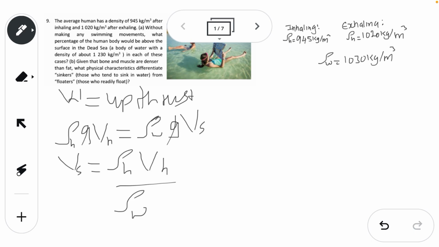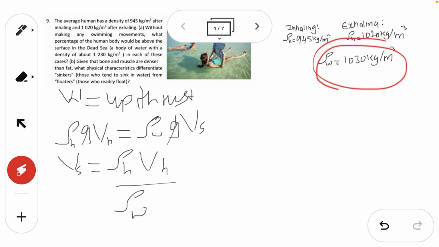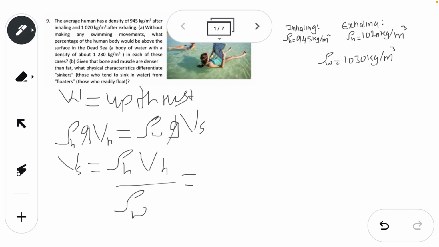The density of the water is given here, as well as the density of the human as the human inhales. So we have the density of the human, 945, over the density of the water, 1030, multiplied by the volume of this human.